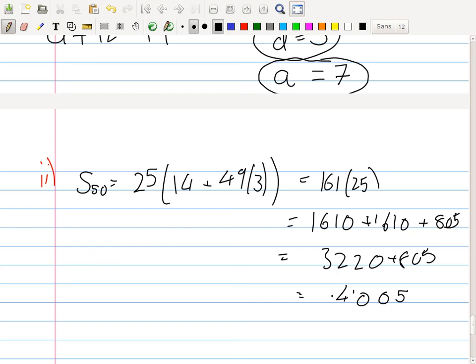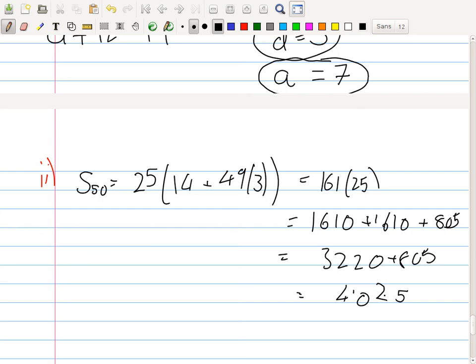This could very well be wrong. Please check this part on the calculator, please. You're checking, Mustafa? I forgot 2 plus 0 is 2. 4025.